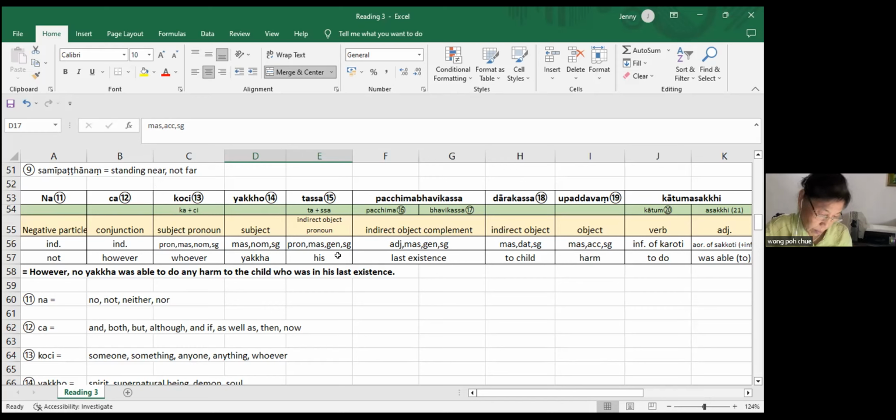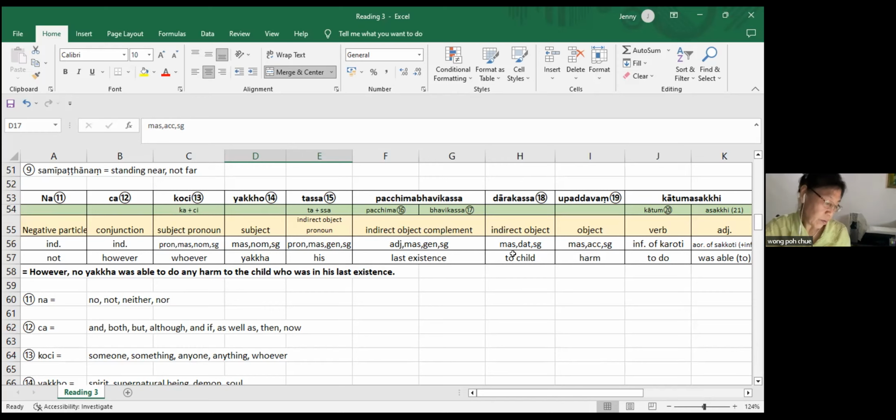Upadawang is a direct object, a masculine accusative singular, harm. And to the child, darakasa, that's a prepositional object, masculine, dative, singular. So, however, Noyaka was able to do harm to the child.